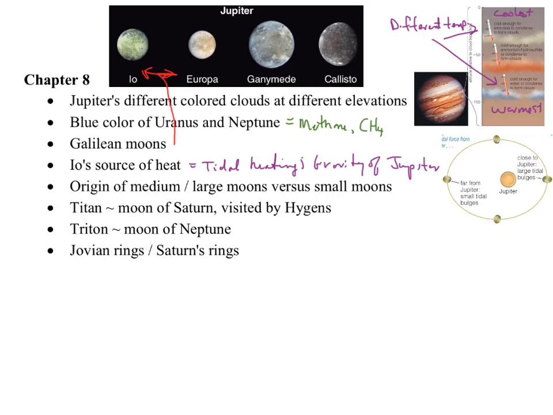Just like Earth's ocean tides are caused by the gravitational pull of the moon and the sun, similarly, the tidal forces causing Io to heat come from the planet itself. I brought in a figure from your textbook, in the middle right-hand side, showing Io orbiting Jupiter.